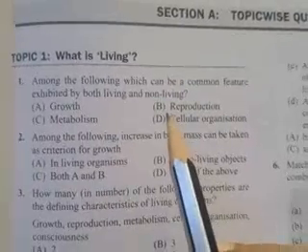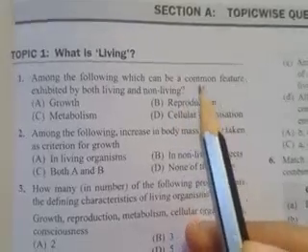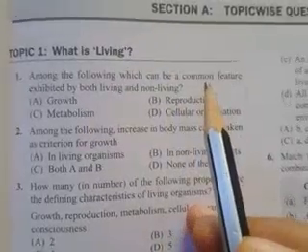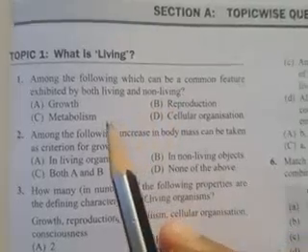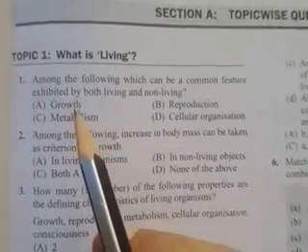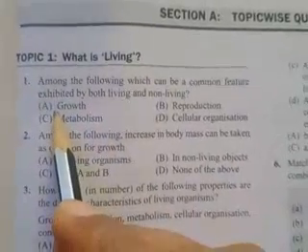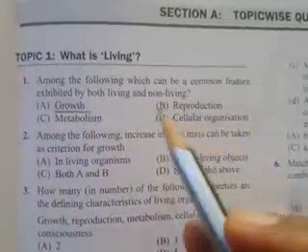But the expected thing is a property which is exhibited by both living and non-living. So definitely the growth, because growth is the important property. I'll choose growth as the answer.